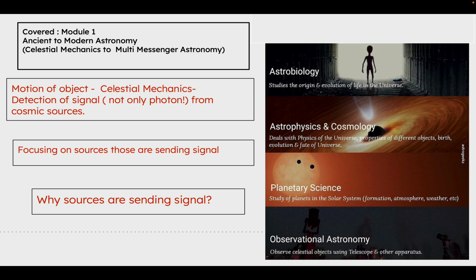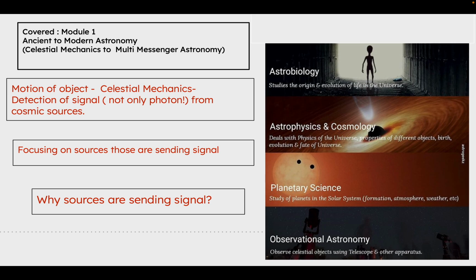Planetary science mainly studies the planets in the solar system: how the planets formed, what the atmosphere of the planets is, how the weather pattern changes on the planet, etc. In astrophysics and cosmology, people deal with the physics of the universe, properties of different objects, birth and evolution, and the fate of the universe.